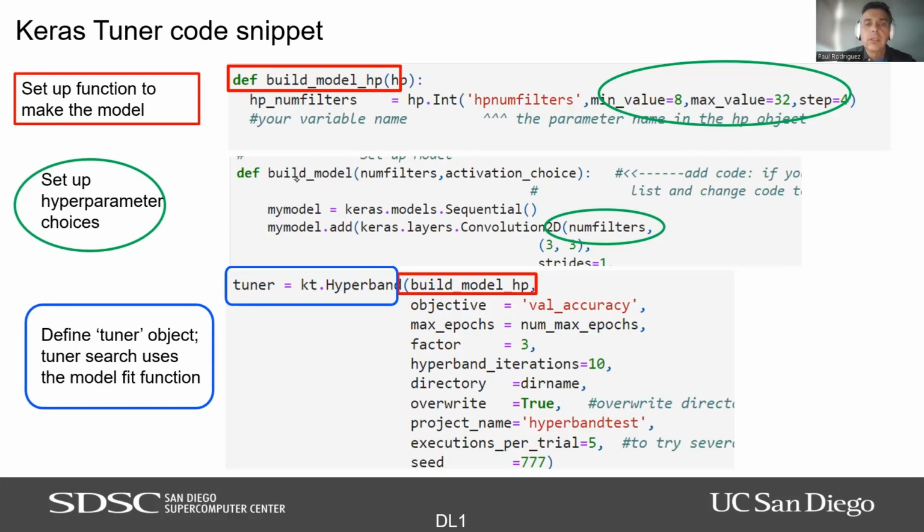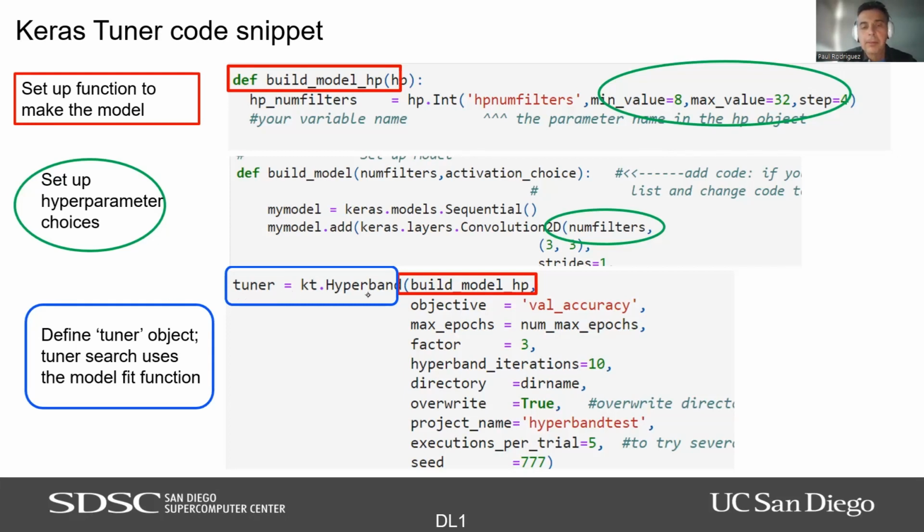So you remember the exercise before, I had a build model function. Here I'm going to have a build model function with the hyperparameter object. It's going to wrap around the build model function. So this is a way to generalize your functions and make it easier to set up hyperparameter searches.